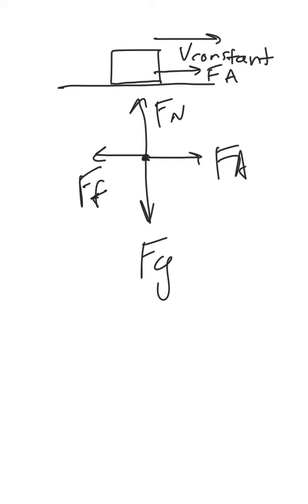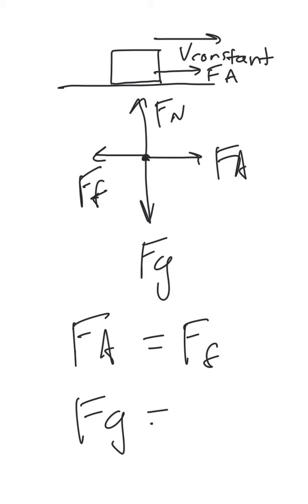Now, since it's traveling at a constant velocity, Fa is equal to Ff, and Fg is equal to Fn. Fa is the force applied, Ff is force of friction, Fg is force of gravity, that's mass times gravity, and Fn is normal force. So those would all be equal to each other.